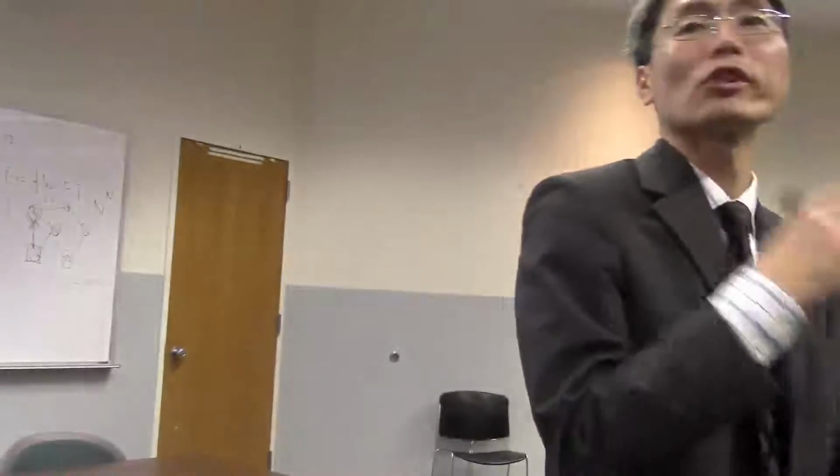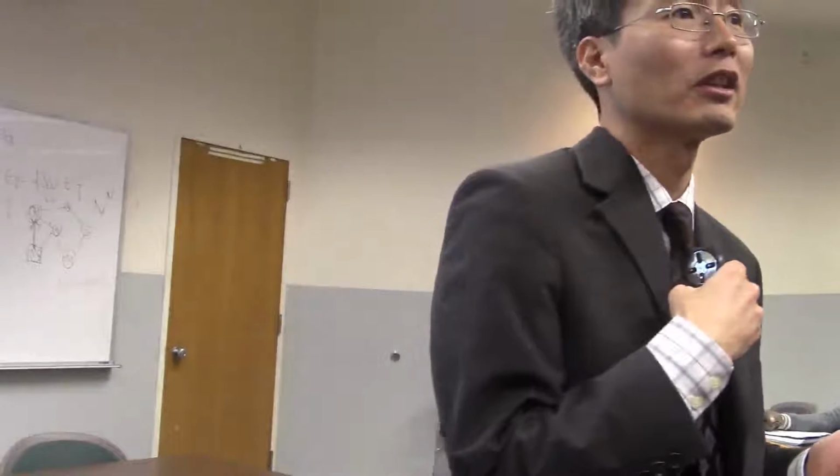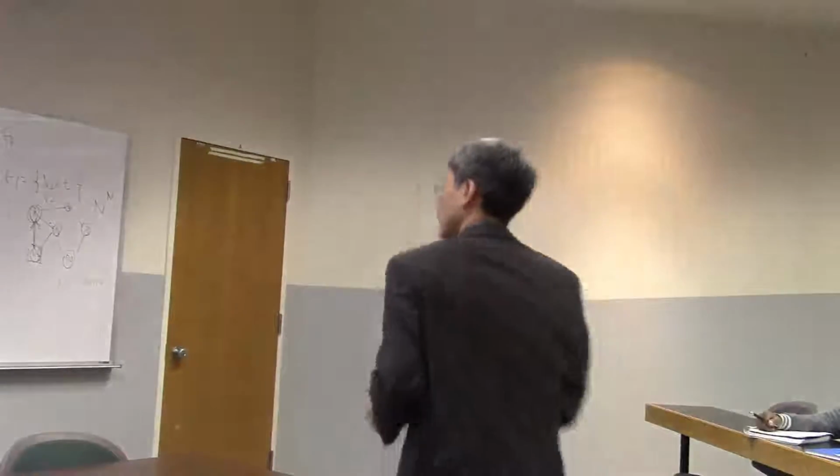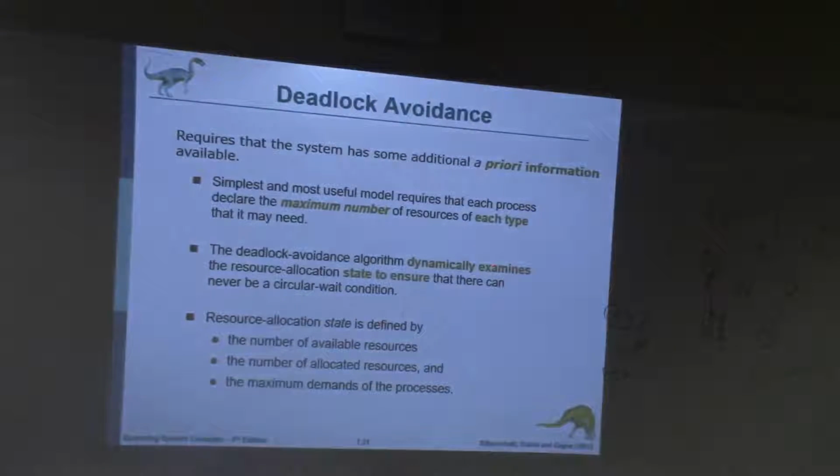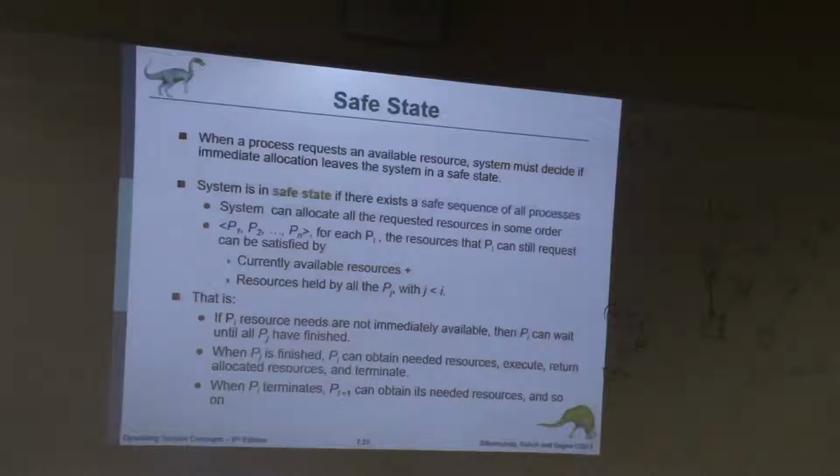How can we check? Using the four characteristics. That means dynamically extracting the current status of the processes and resources. Once the operating system receives such a request, using the prior information, it checks whether this is a deadlock or not. That is deadlock avoidance.